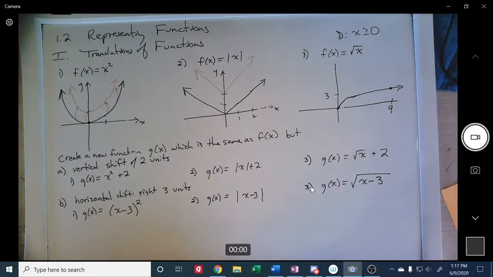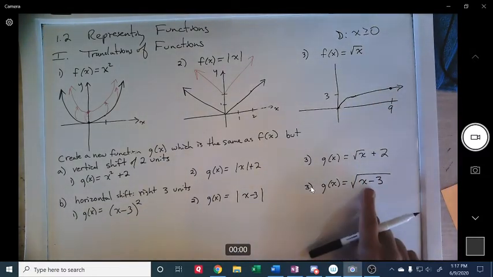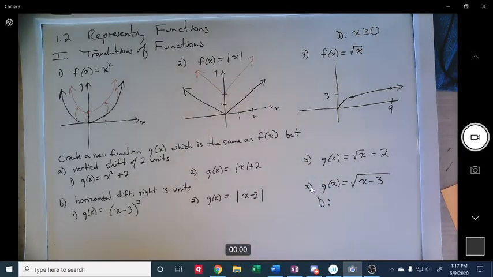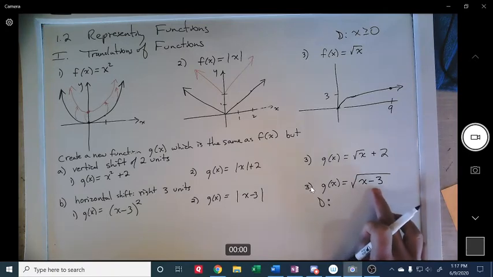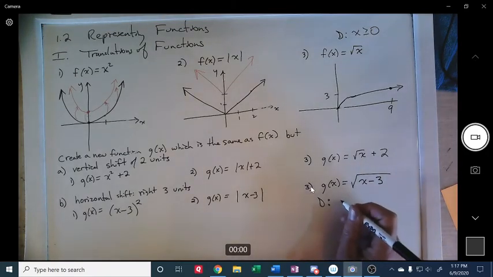All right. So over here, if you were to look at this and say, what is the domain of this function right here? Can x be 1 now? No, if x is 1, you're stuck. You're going to be getting -2. The smallest that x can be is 3.